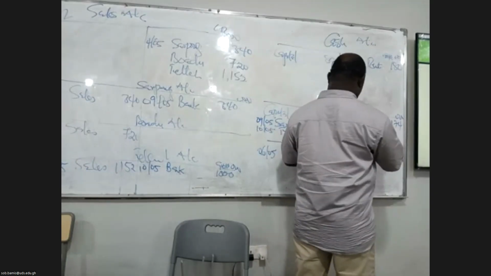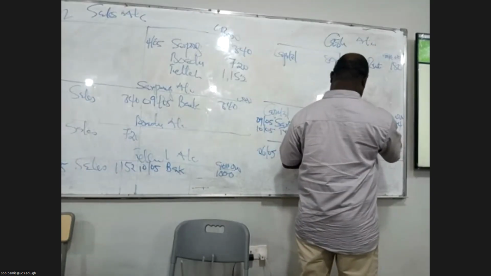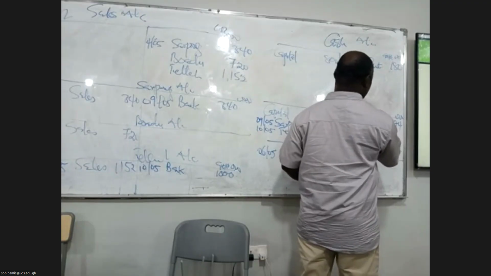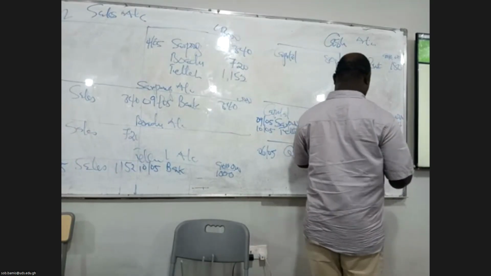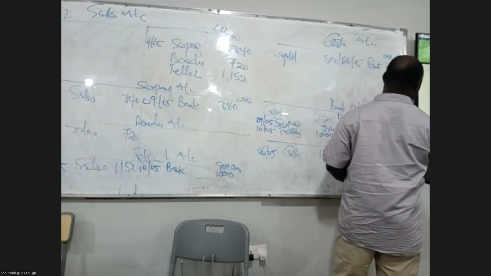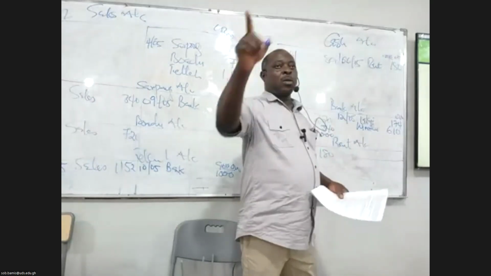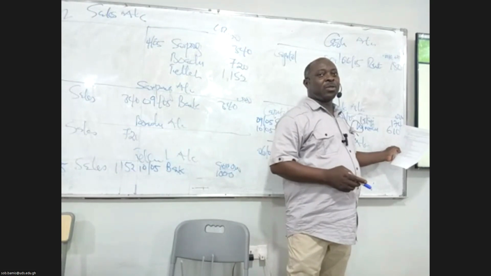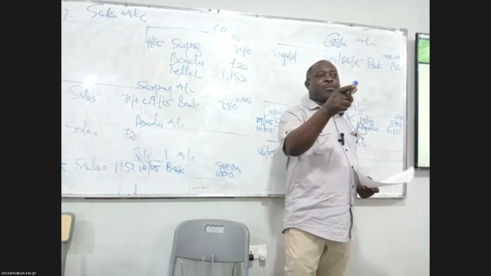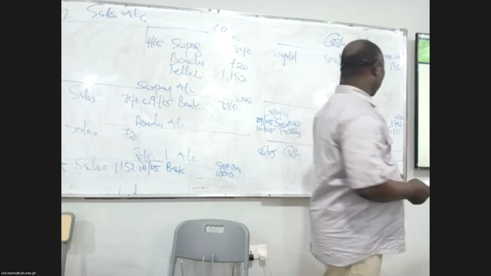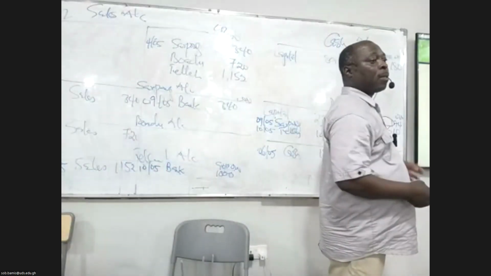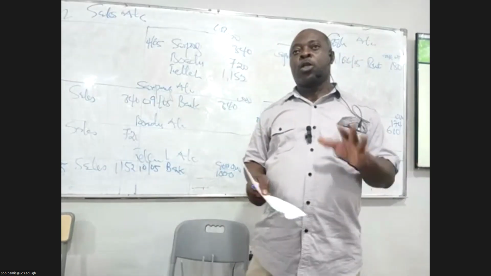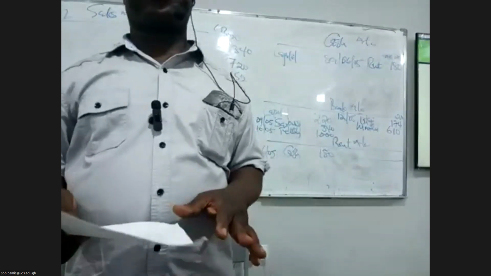The same day we pay how much? 610. So this account, the supplier's account. You have opened the account already, so debit it so that we'll continue.